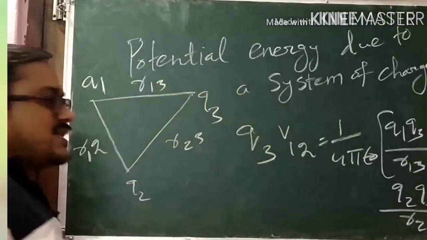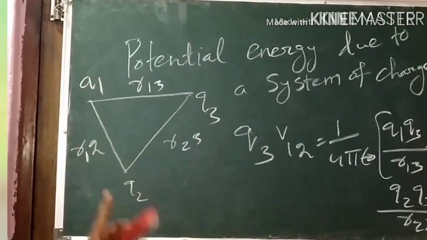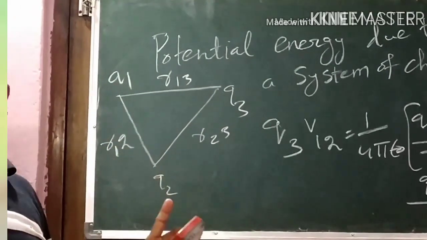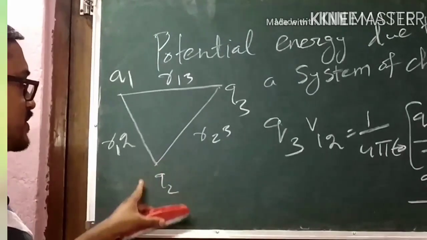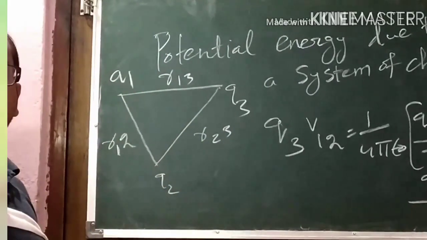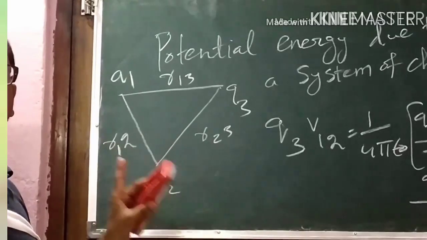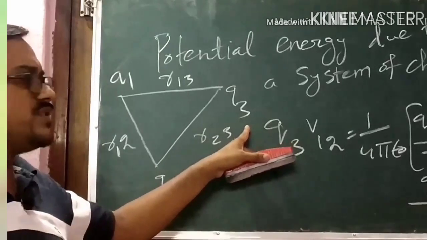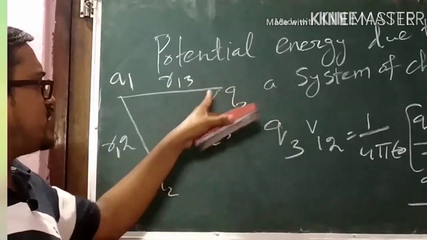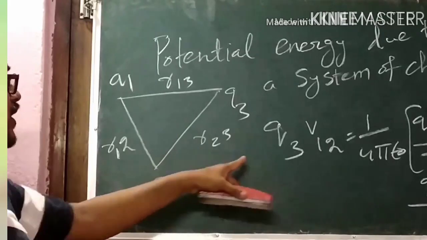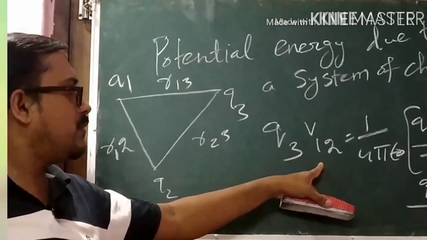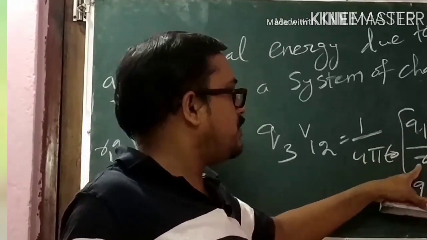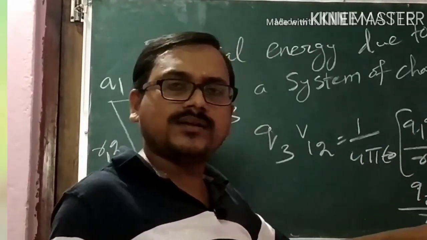First, as we initially took the charge Q1, the potential will be 1 by 4 pi epsilon 0 Q1 by R1. Next we calculated the potential on Q2 due to Q1, which is V12, equal to 1 by 4 pi epsilon 0 Q1 Q2 by R12. Next we calculated for Q3, which is Q3 multiplied by the potential due to 1 and 2: 1 by 4 pi epsilon 0 times Q1 Q3 by R13 plus Q2 Q3 by R23.